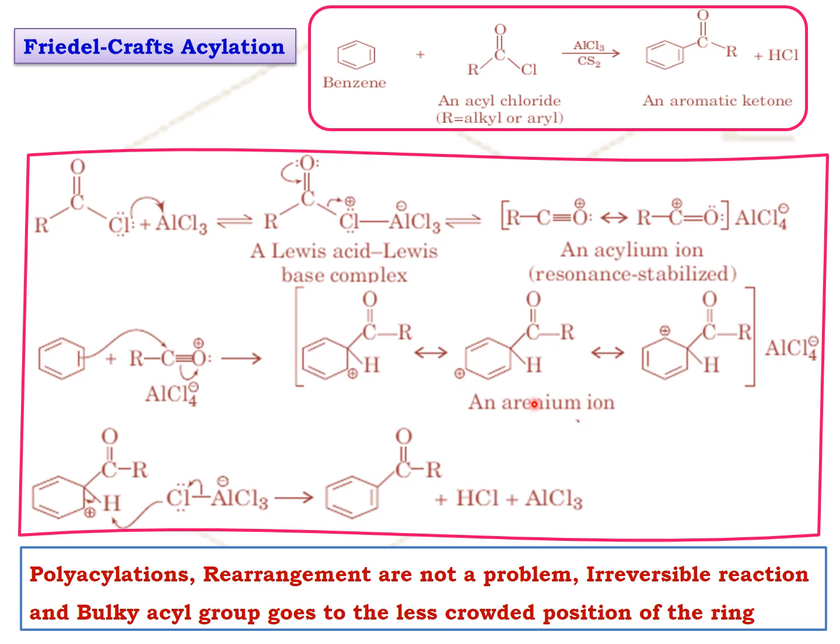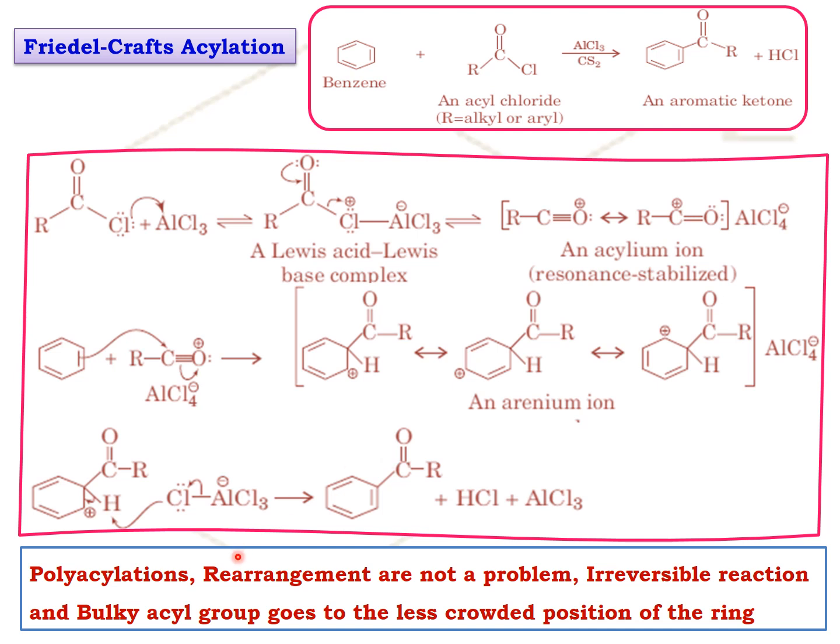It forms a sigma complex, the arenium ion, and with the formation of AlCl4 minus, this base abstracts a proton from the benzene ring. It gets converted into a ketone compound, that is, an acyl group substituted aromatic compound.